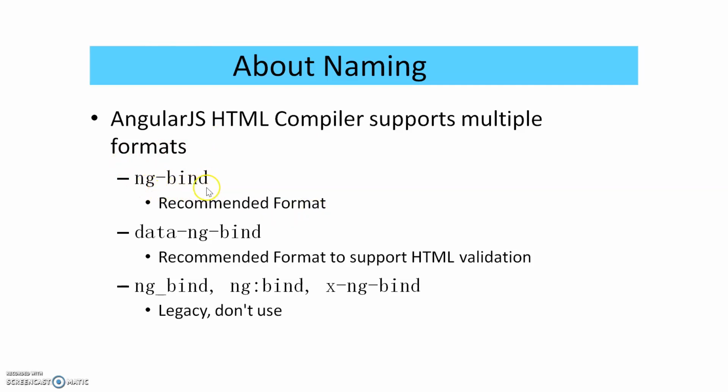The same ng-bind can be written as data-ng-bind, recommended to support HTML validation, and the same thing can be specified as ng_bind, that is also okay, or ng:bind. x-ng-bind and the like are legacy naming conventions, but now don't use them. So these are the different naming conventions; don't get confused, all of them are the same.